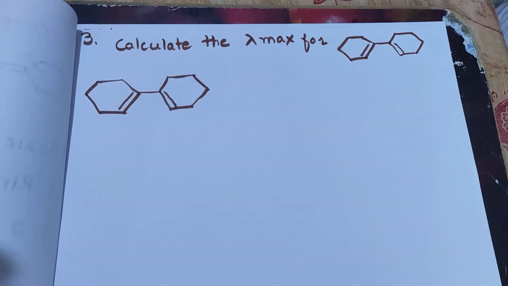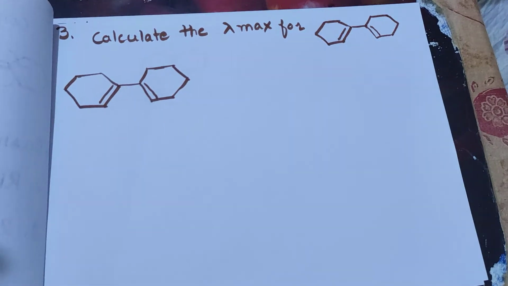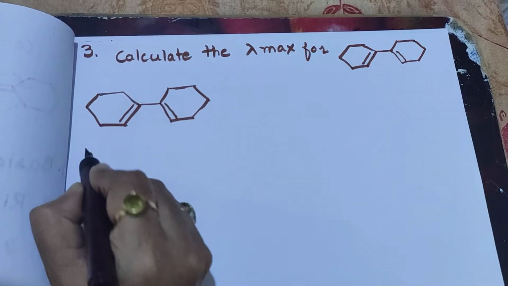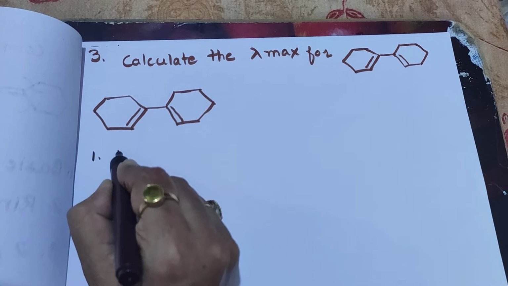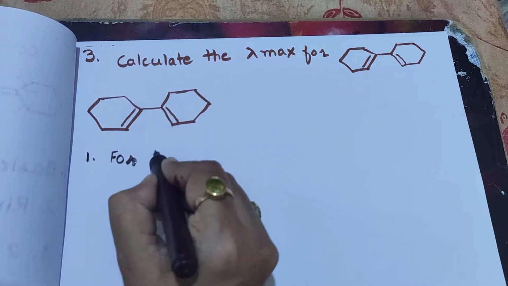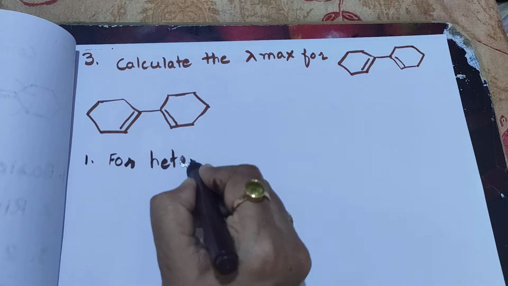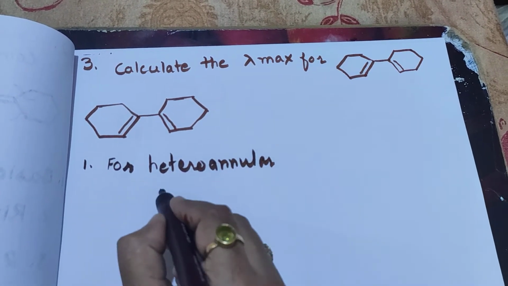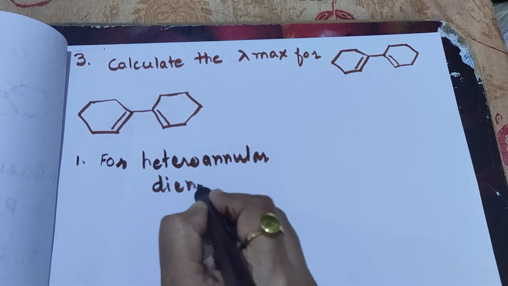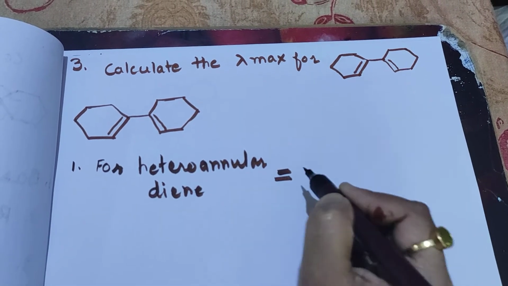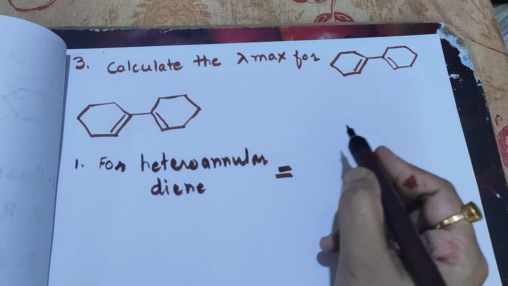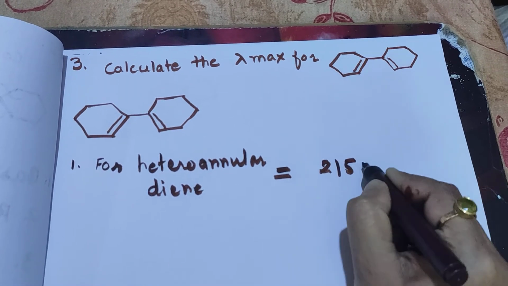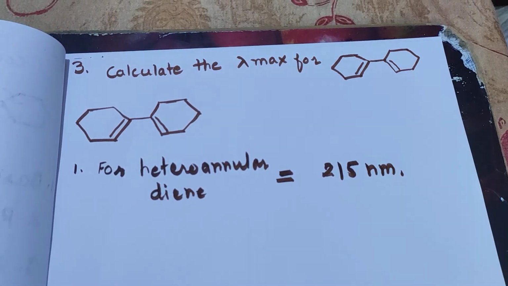Here, if we observe the structure, then we can see that this is a heteroannular ring system. So for heteroannular diene, the basic unit value is 215 nanometer.